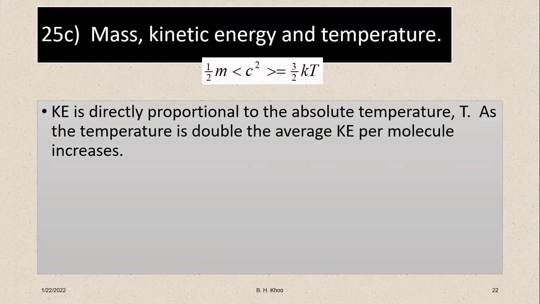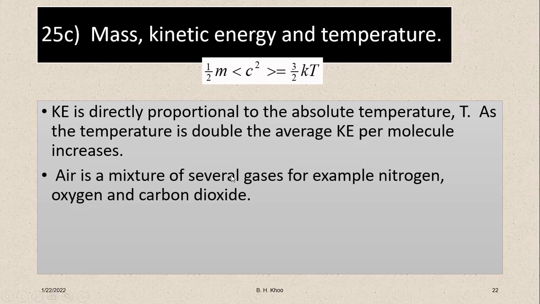Remember, this formula is for monoatomic. If it's polyatomic, you have to modify accordingly. Kinetic energy is directly proportional to absolute temperature, as we said earlier. As the temperature is doubled, the kinetic energy per molecule doubles.